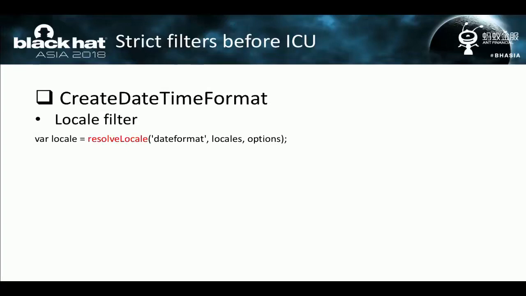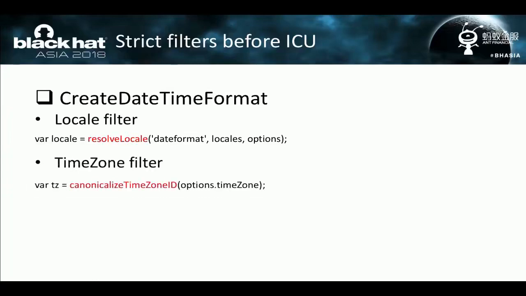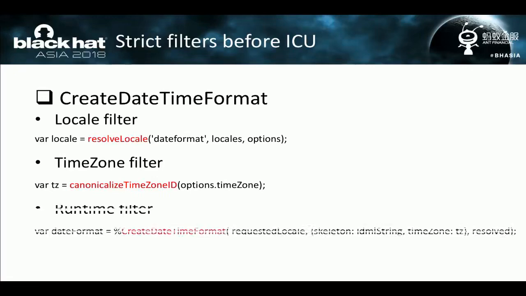The JS function resolveLocale is mainly to filter the locales argument. The second filter is the time zone filter. The function canonicalizeTimeZoneID is to canonicalize the time zone name. The third filter is a runtime filter. The function is CreateDateTimeFormat with a % sign as a prefix, which means it is a C++ function that can be called from JavaScript.